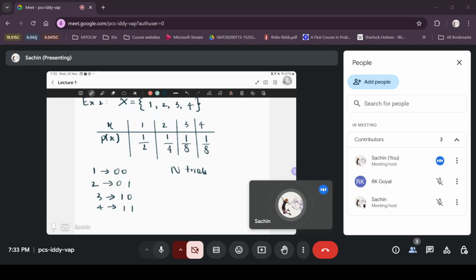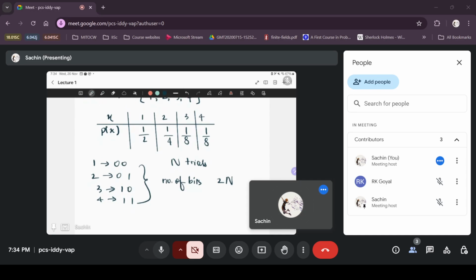In n trials, if you represent the outcome of each trial by 2 bits, the number of bits you will require is 2 into n. So you will need 2N bits to represent the outcome of n trials in this representation.